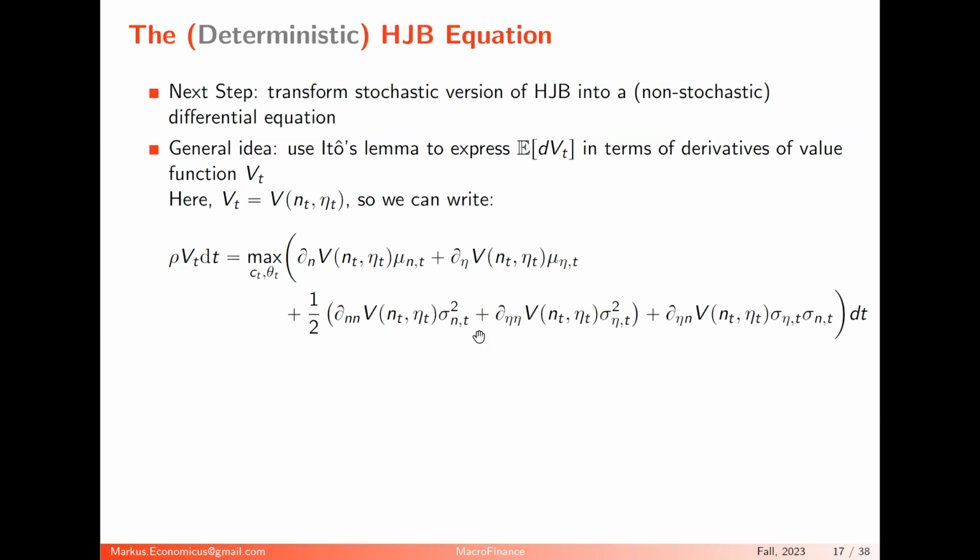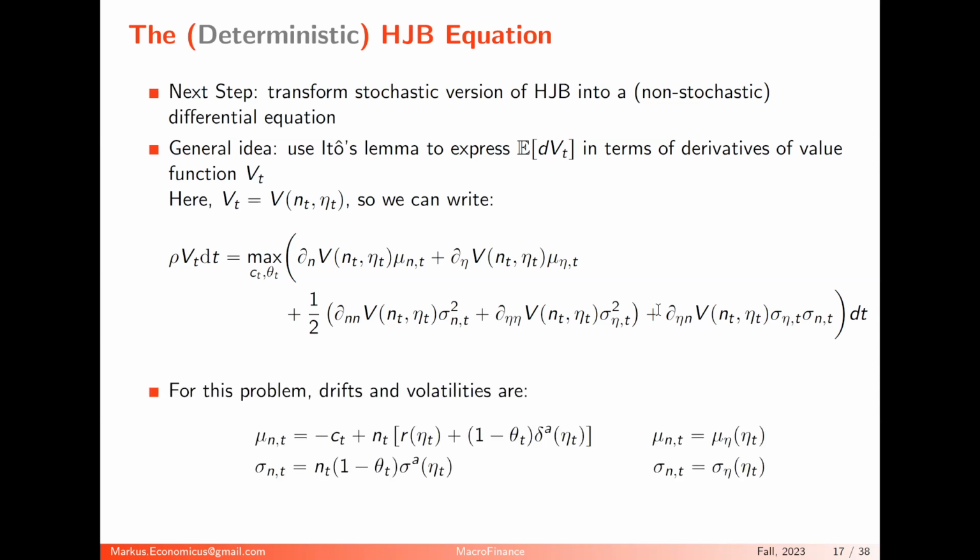Often we have to derive the second derivative here, the second derivative with respect to eta, and the cross derivative, which appears twice times a half, and that goes out here. So for this problem, let's figure out the drifts and volatilities, starting with the drift.